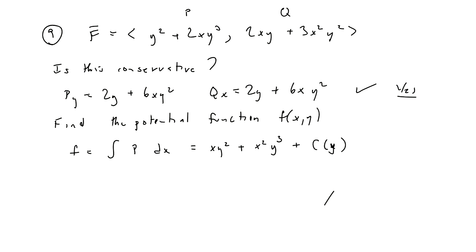So we might be missing something. So what else does f have to be equal to? It has to be equal to the antiderivative of Q with respect to y, right?